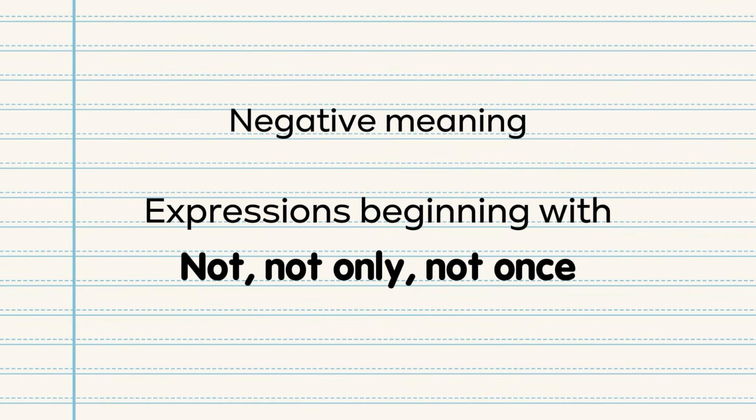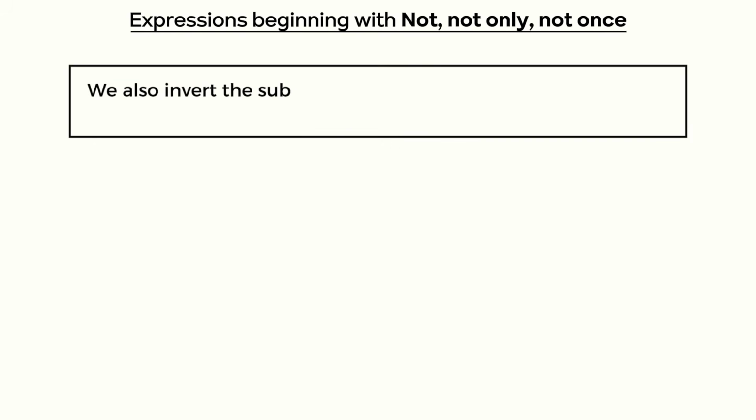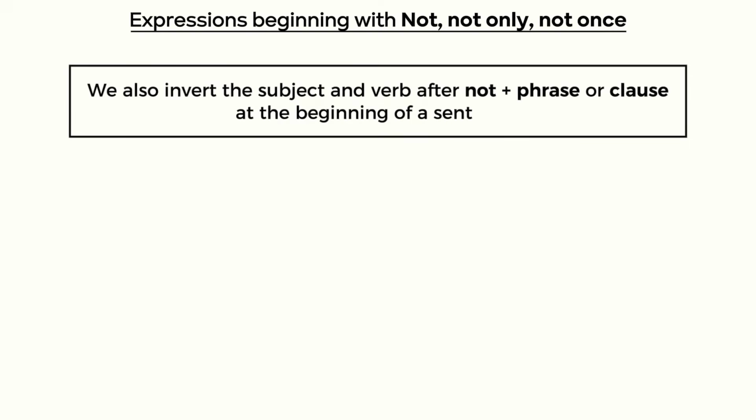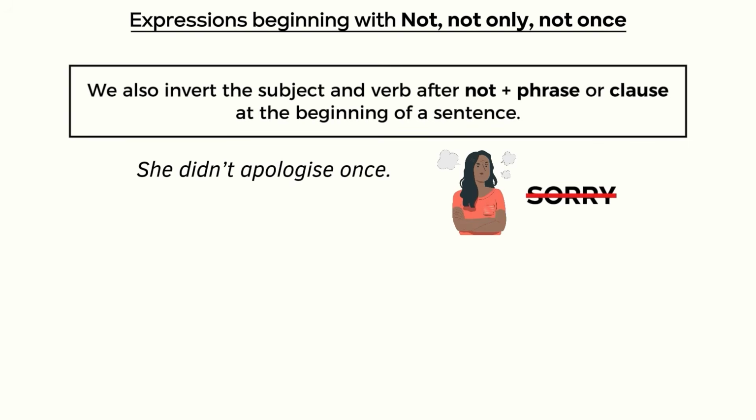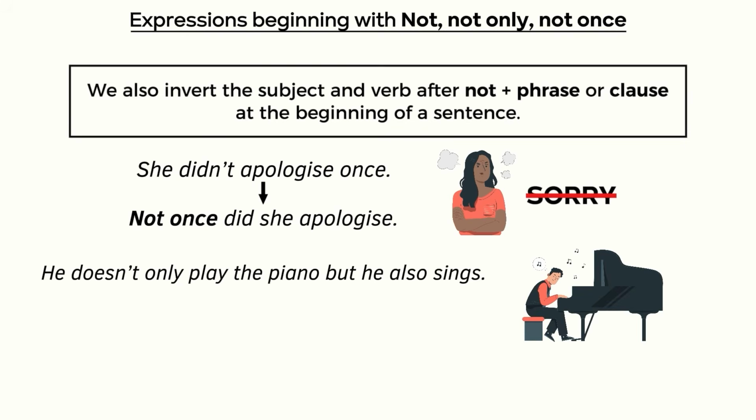Expressions beginning with not, not only, not once. We also invert the subject and verb after not plus phrase or clause at the beginning of a sentence. For example, she didn't apologise once. Not once did she apologise. He doesn't only play the piano, but he also sings.